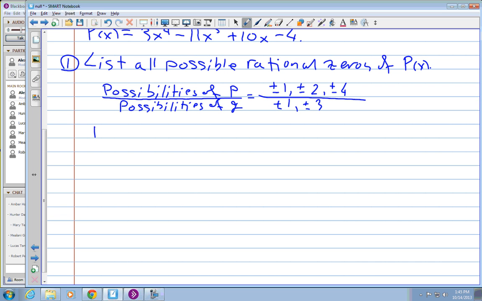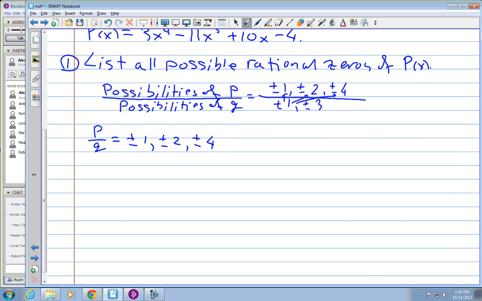So then here are my options for P over Q's. Let's actually do the division. If I divide 1 by 1, I'll just get 1, right? If I divide everything by 1, I'll get the same numbers back. So it's plus or minus 1, plus or minus 2, plus or minus 4. So this potentially could be my rational zeros.